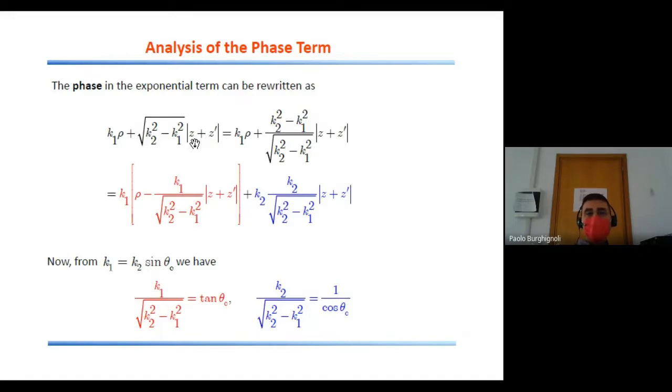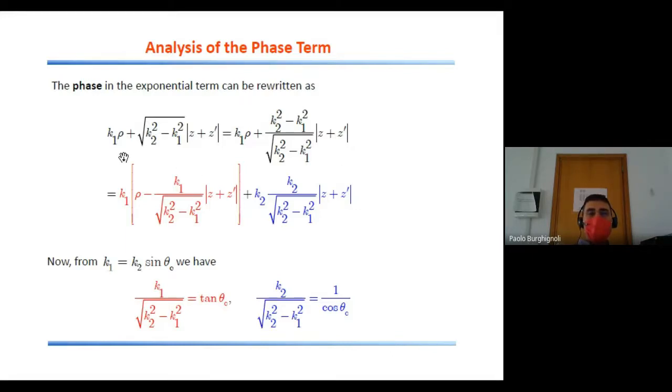Now this can be rewritten by multiplying and dividing the latter addend by the same square root. So you would find a ratio between k2 squared minus k1 squared and its square root. Why do that? Well, because now we can split this ratio to obtain two terms.